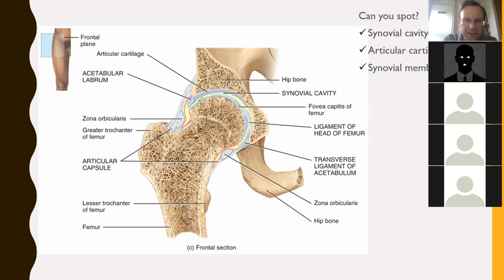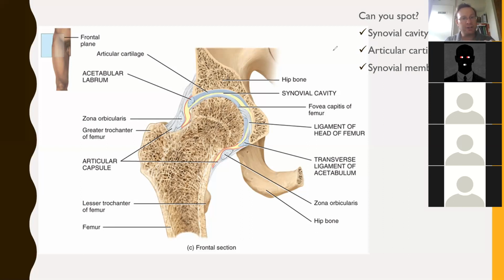Can you see the cartilage just on the end there? I'm drawing it in a bit of a purple colour. So that's the ball of the ball and socket.